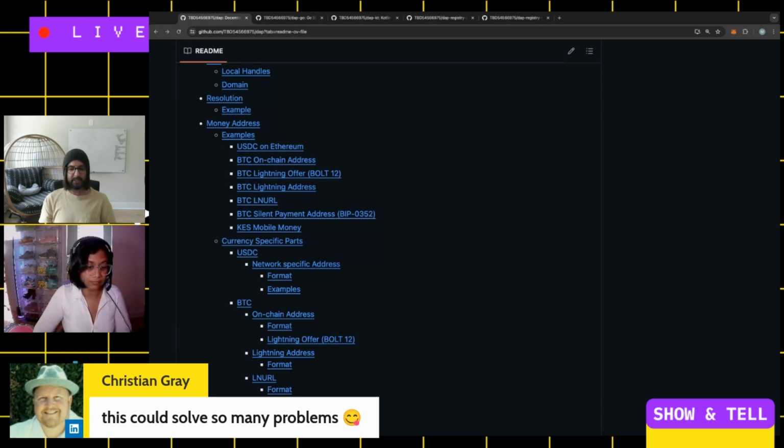So pre-existing standards or pay tags that people already have can and will work with DAPs. The primary motivation for DAPs is that I want one single pay tag that I can hand anybody, and that can resolve to any other number of pay tags or addresses that can be used to actually pay someone. So that's effectively the hope behind DAPs.